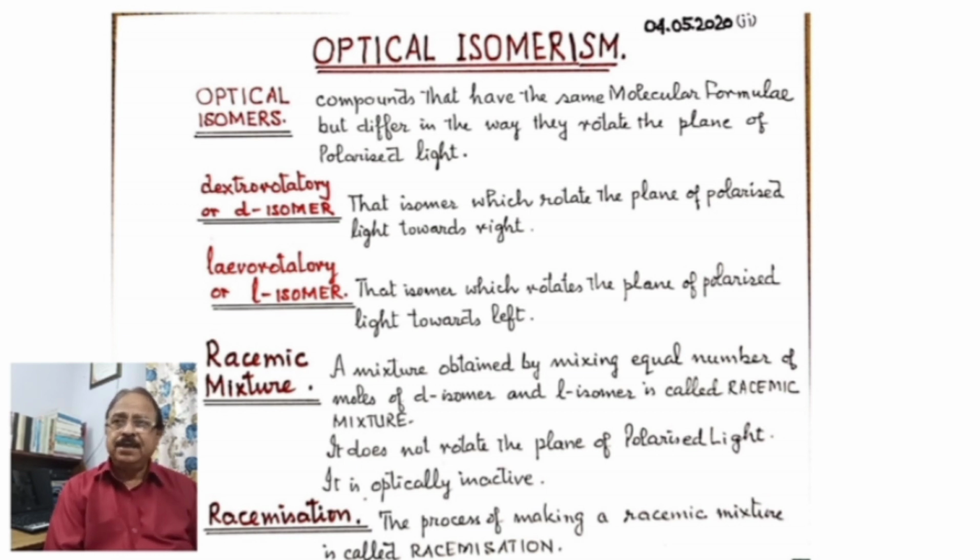Such a mixture, which is obtained by mixing equal number of moles of dextrorotatory and levorotatory isomers, is known as a racemic mixture. And the process of preparing such a racemic mixture is known as racemization. So you have understood what are optical isomers, what is the racemic mixture, and what is the process of racemization.